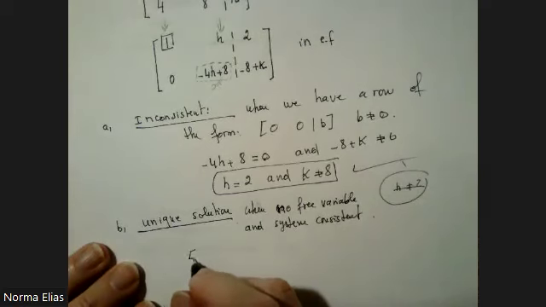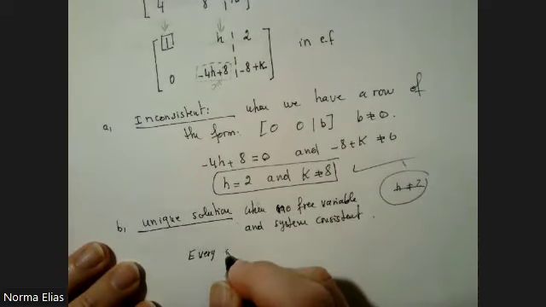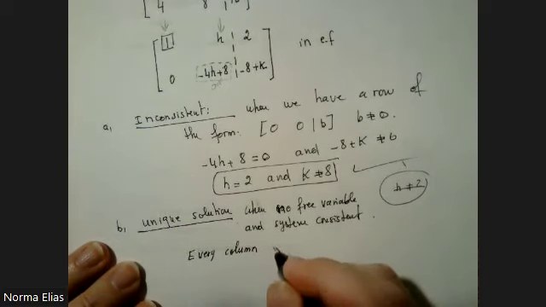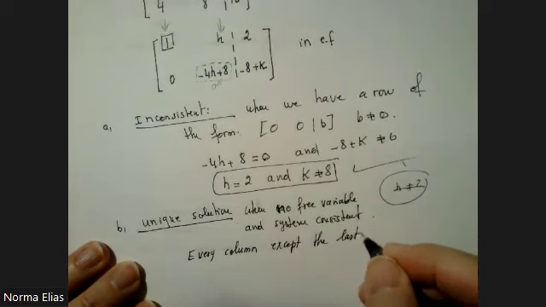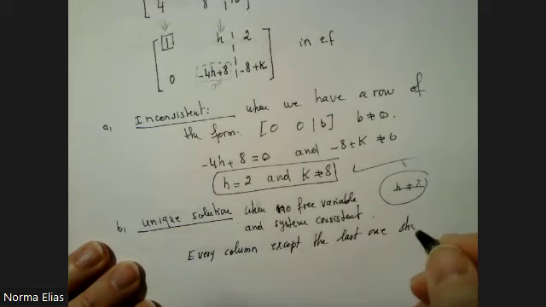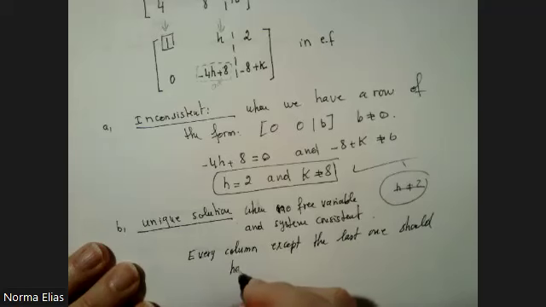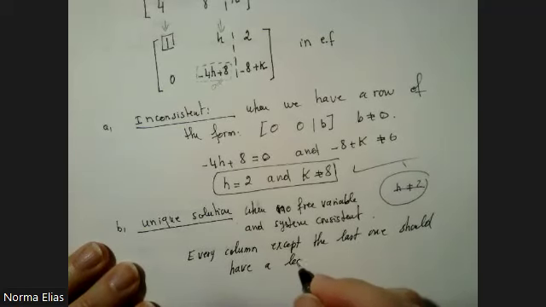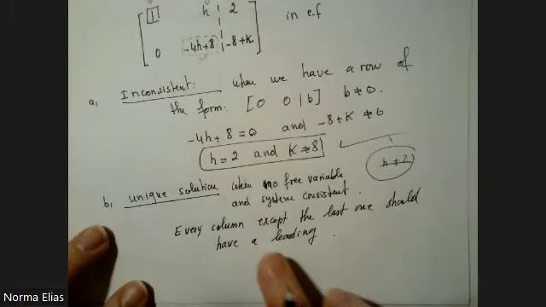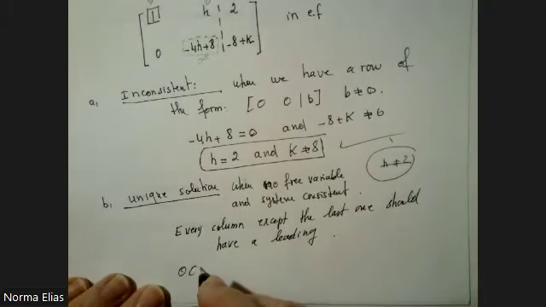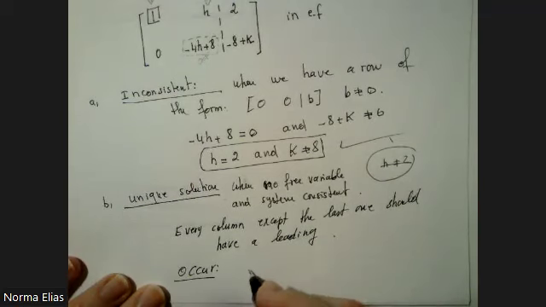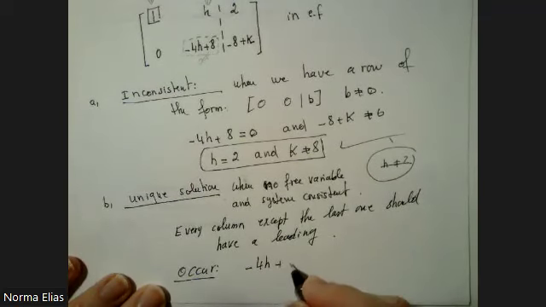It means that every column except the last one should have a leading. Okay, I read: every column except the last one should have a leading. And this will occur when minus 4h plus 8 is different from 0.